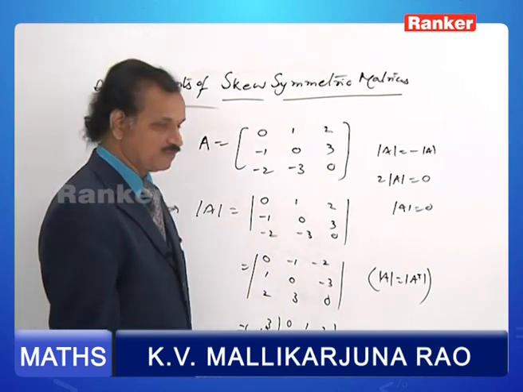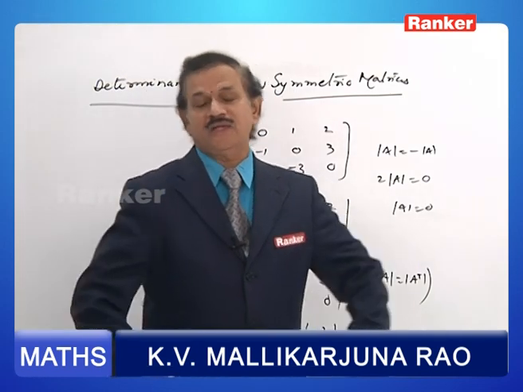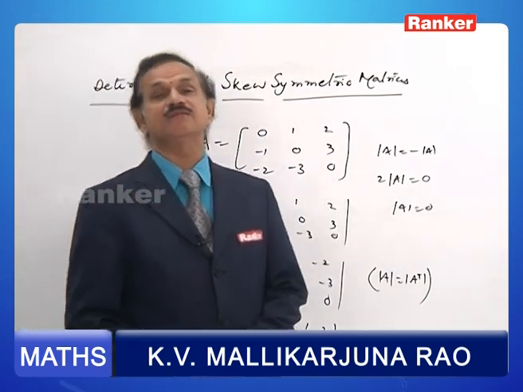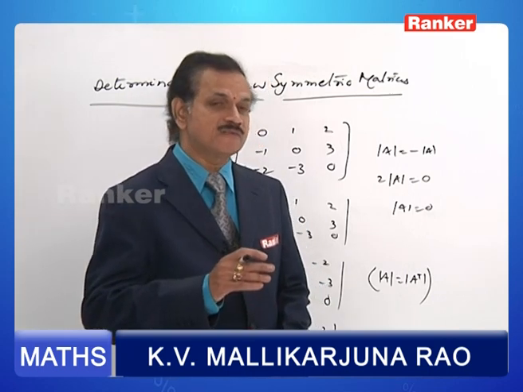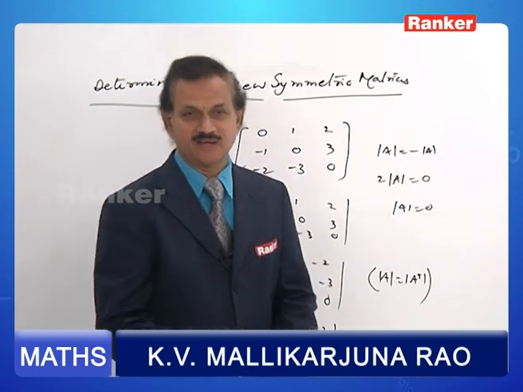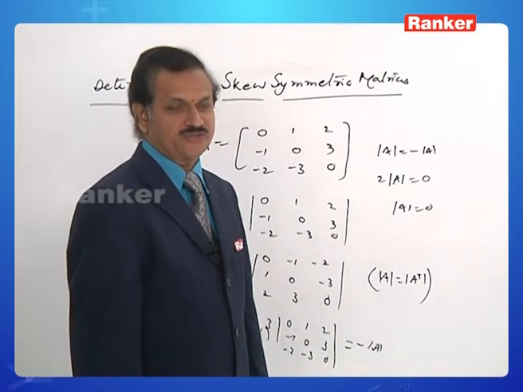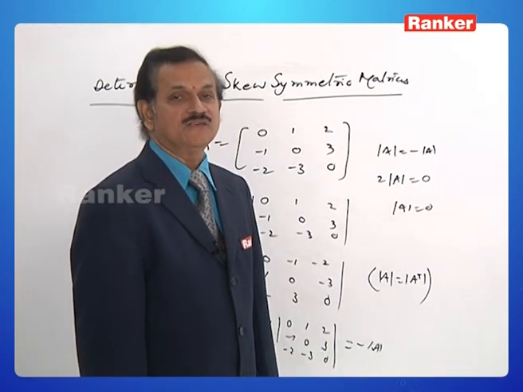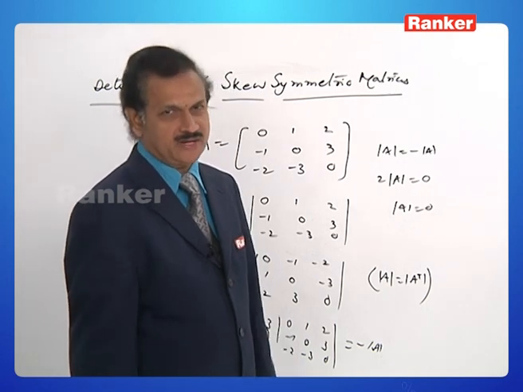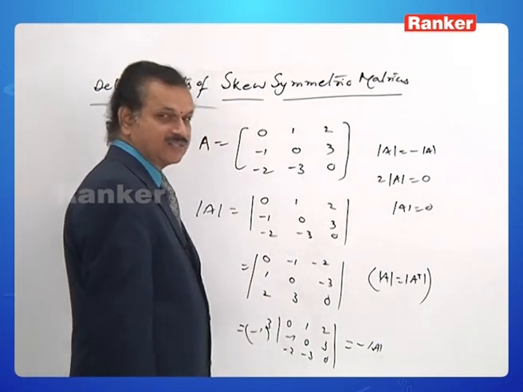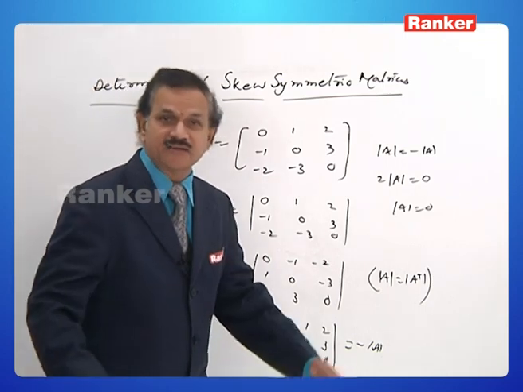So by observing this result, we can say that the determinant of a skew-symmetric matrix of odd order can be 0. Yes. Let us now verify it theoretically.